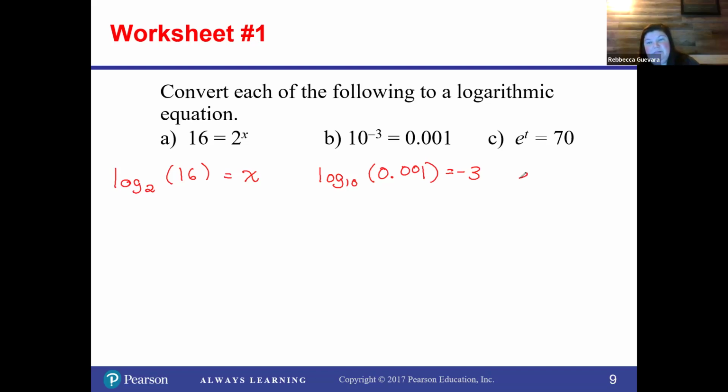And then here, we're going to have a log base e, so that natural log of 70 is going to equal t. So just remember the logarithm's exponent is always what the logarithm is trying to find, so that is what it's going to be equal to.